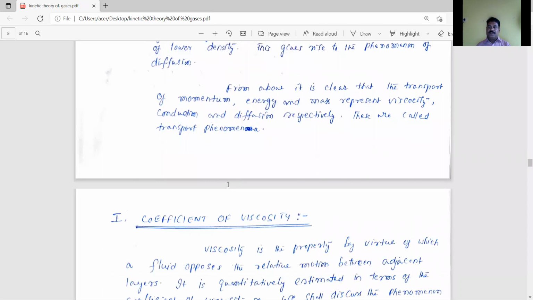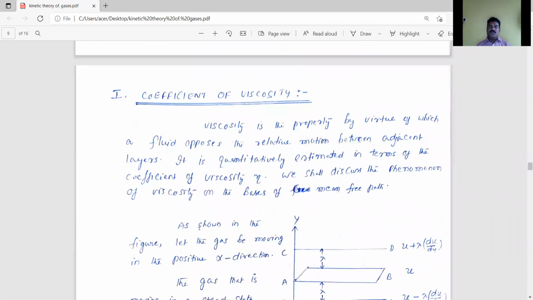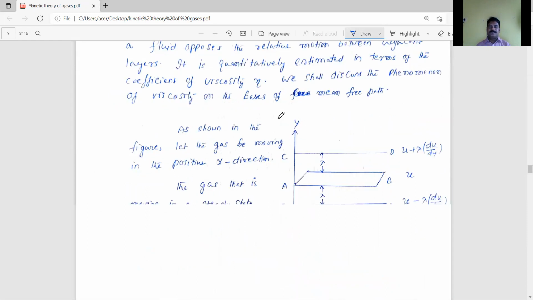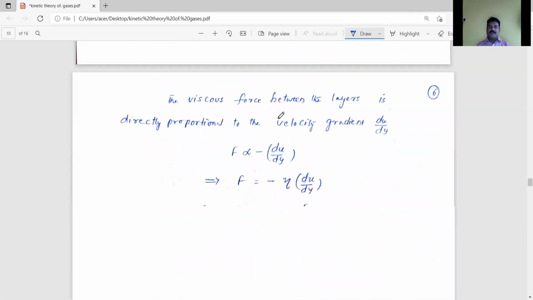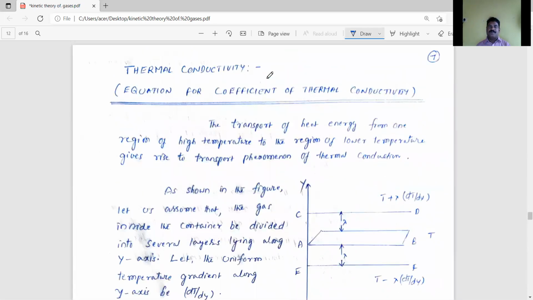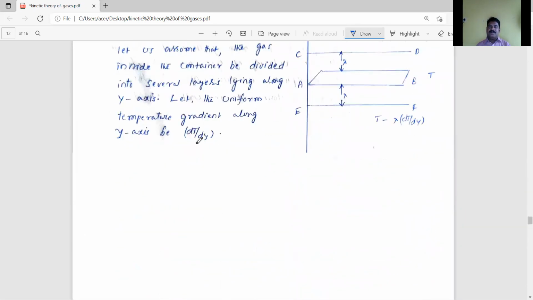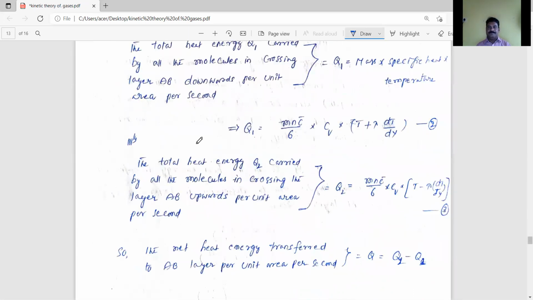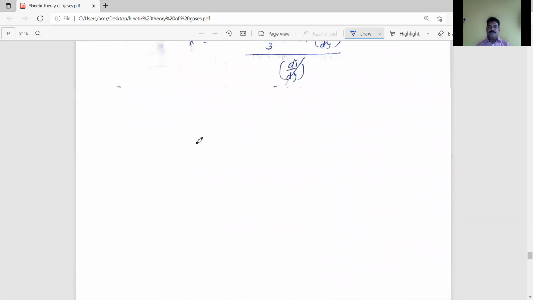Now, in today's class, we are going to derive the equations for coefficient of viscosity, coefficient of thermal conductivity and coefficient of diffusion.